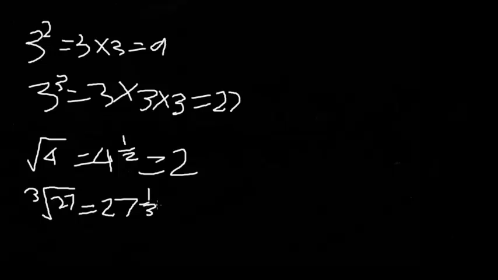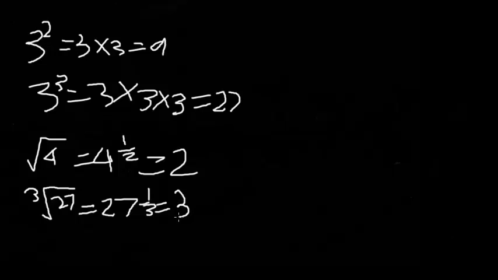So we need to find what number, multiplied by itself three times, gives 27. 3 times 3 times 3 becomes 27, and from above we know that it's 3. So 27 to the power of 1/3, or the cube root of 27, is 3.